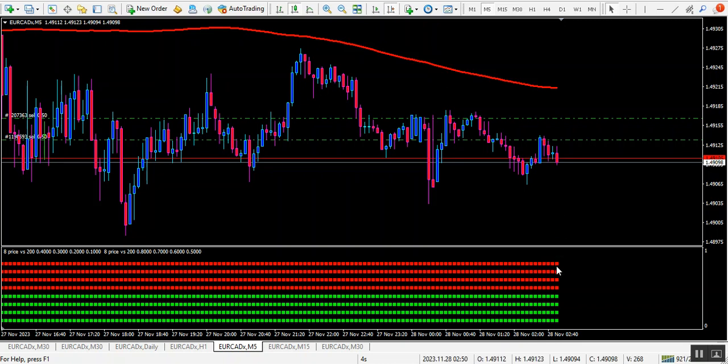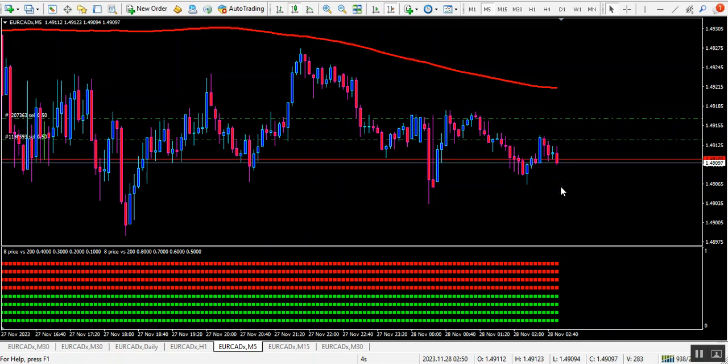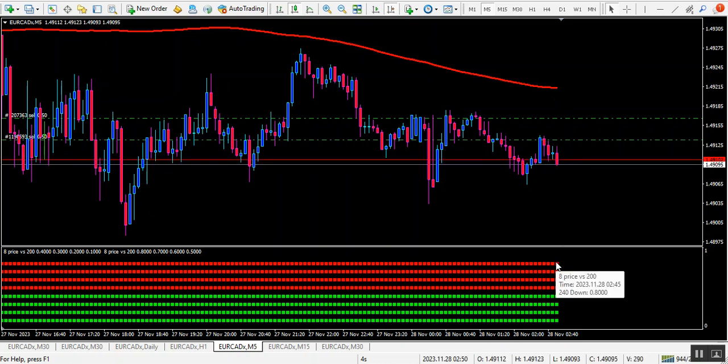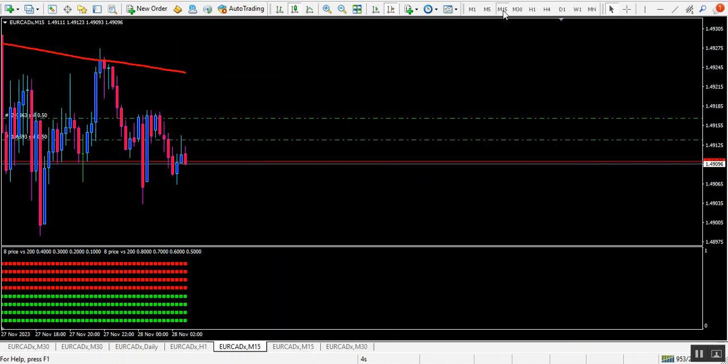So right now it's saying on the 5 minute, this is 5, 15, 30, 60, 240, and all the way up, it's saying the price is below the 200, and you can see it is. There's the price, there's the 200, and it's red. It's saying it's below on the next three, and I think we just verified that.